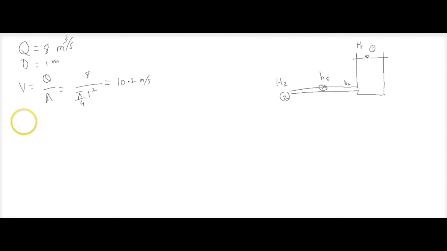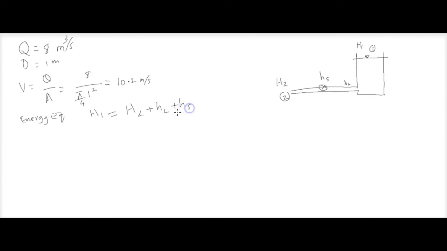Then from the energy equation, we know that these are related. We know that H1, which is the total head at section 1, must be equal to the head at section 2 plus any losses along the way, plus any losses due to the shaft.